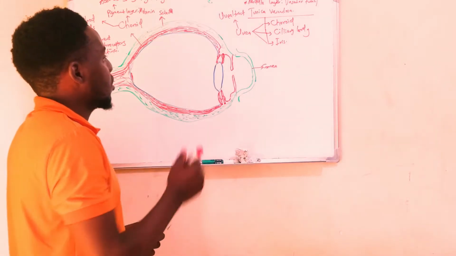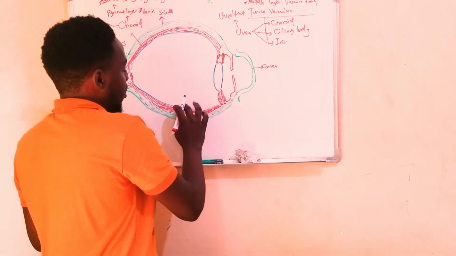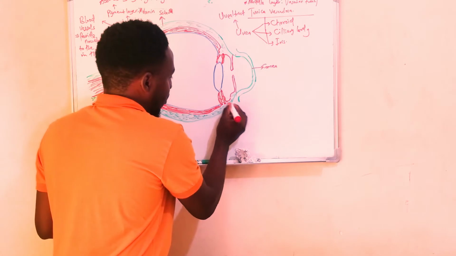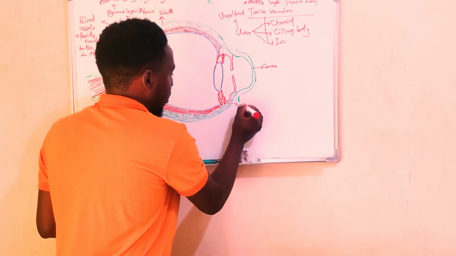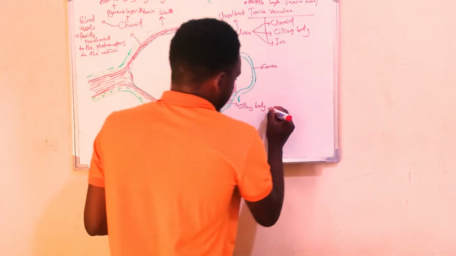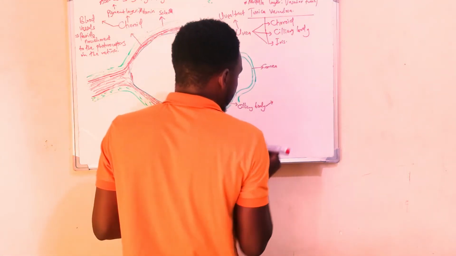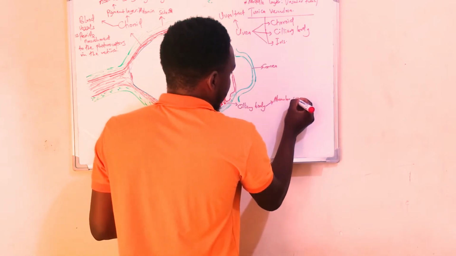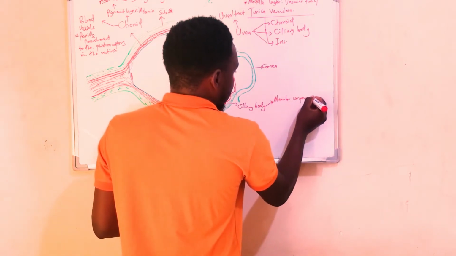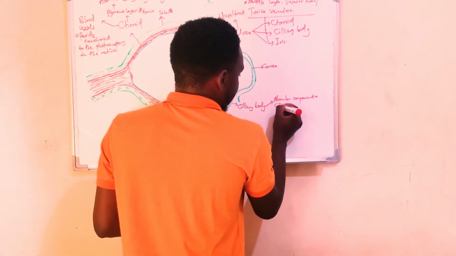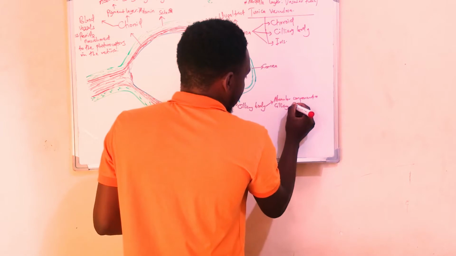Then the second one here, just as this choroid is extending anteriorly, you have the ciliary body here. This is also made up of the muscular component, also known as ciliary body proper.